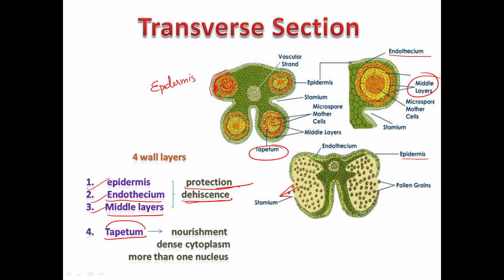Then what's the function of the tapetum, which is the innermost layer? The tapetum is very near to the sporogenous tissue. It provides nutrition or nourishment, and so it has a dense cytoplasm filled with nutrients, and it also has more than one nucleus.